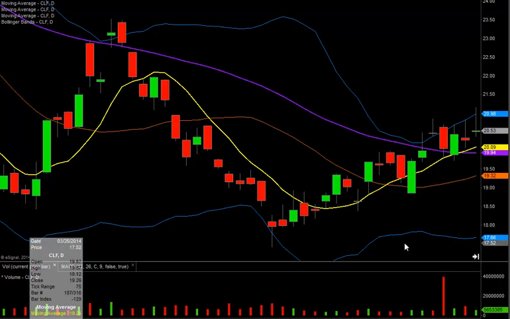What I will say, though, is look at that candle, it completely closed above the upper, and then the next day it sucked right back in. Here it did temporarily get up above, but then did close. So it's not overextended. It is in the upper portion of what its quote unquote norm is, but that doesn't mean anything, because stocks can stay well within that range for as long as they want to.